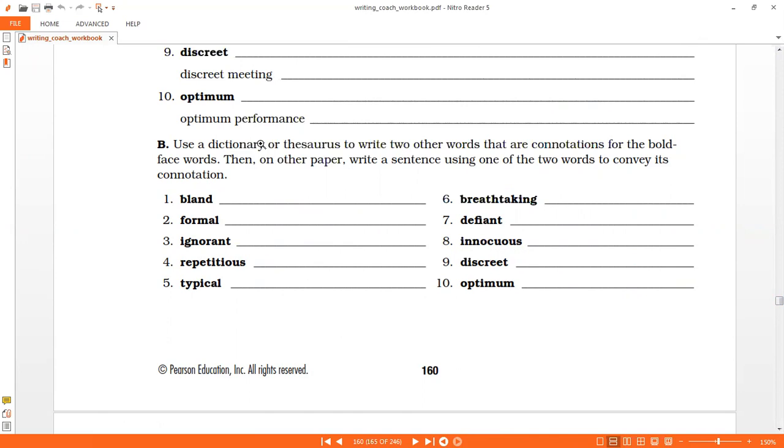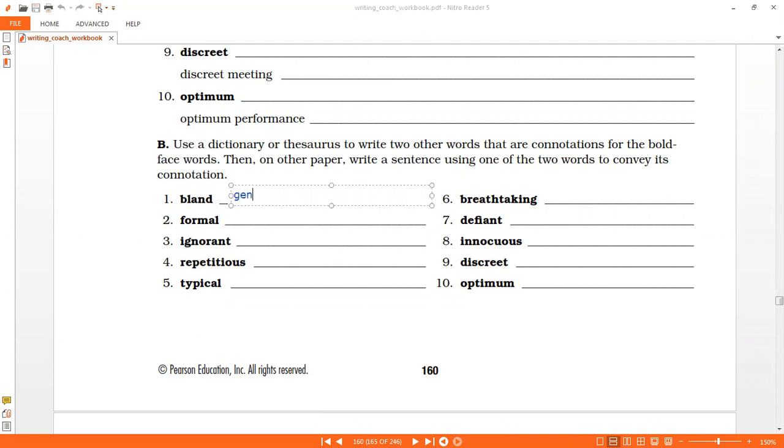Then on a separate paper, write a sentence using one of the two words to convey its connotation. That's your job to do. I will anyhow write connotations for you for each word.